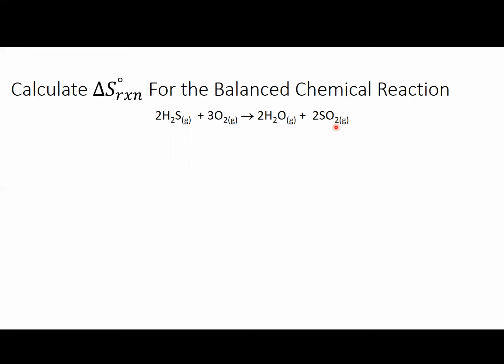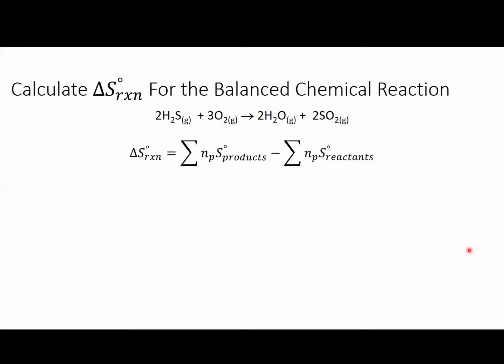But let's see. This is the formula that I end up using. The stoichiometric coefficients for my products, this 2 and this 2, times the delta S of my products, minus 2 times the delta S for this, and 3 times the delta S for that.